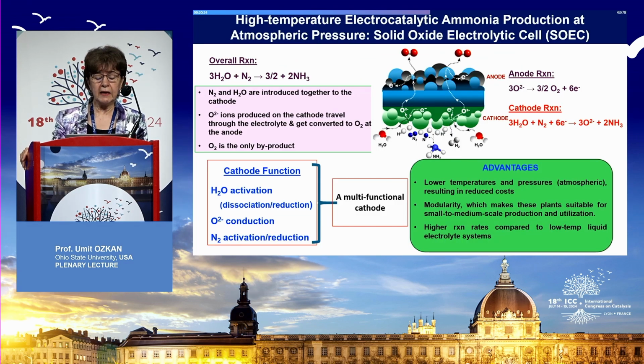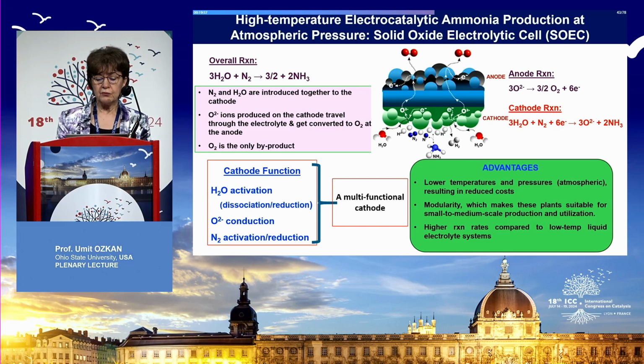So we are, again, using a solid oxide electrolytic cell for this. The cathode really has to have a multifunctional performance. What we are expecting the cathode to do is both water electrolysis, water reduction, but also nitrogen activation, nitrogen reduction. So it is a lot to ask for a cathode.